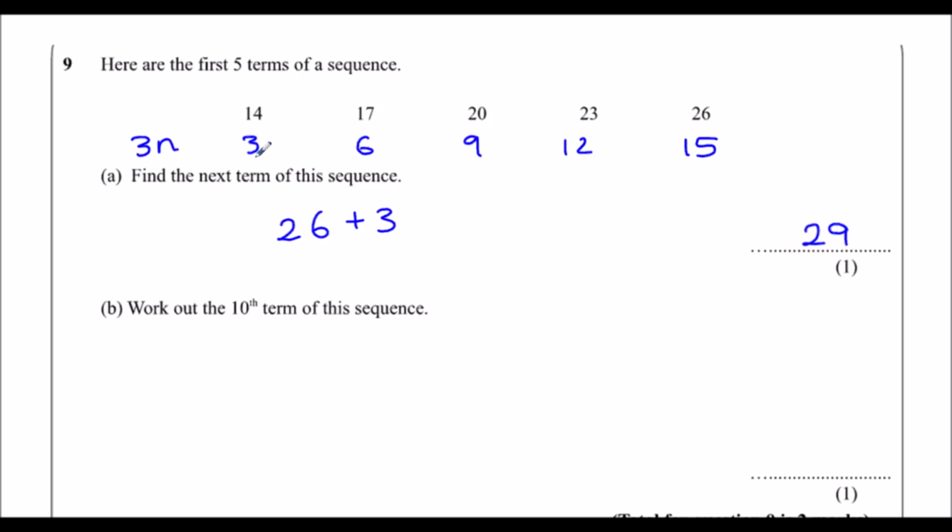What are we doing to the 3 times table? To get our sequence, we are plussing 11 every time. So the sequence is called 3n plus 11. That's the nth term. If we want the 10th term, we change n into 10. So 3 times 10 plus 11, 30 plus 11, 41.